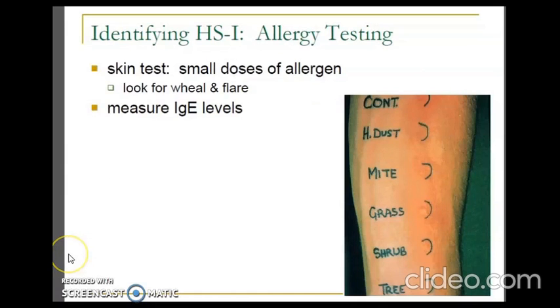When a small shocking dose of an antigen is administered intradermally to a sensitized host, there will be a local wheal and flare response. And then measure the IgE levels.